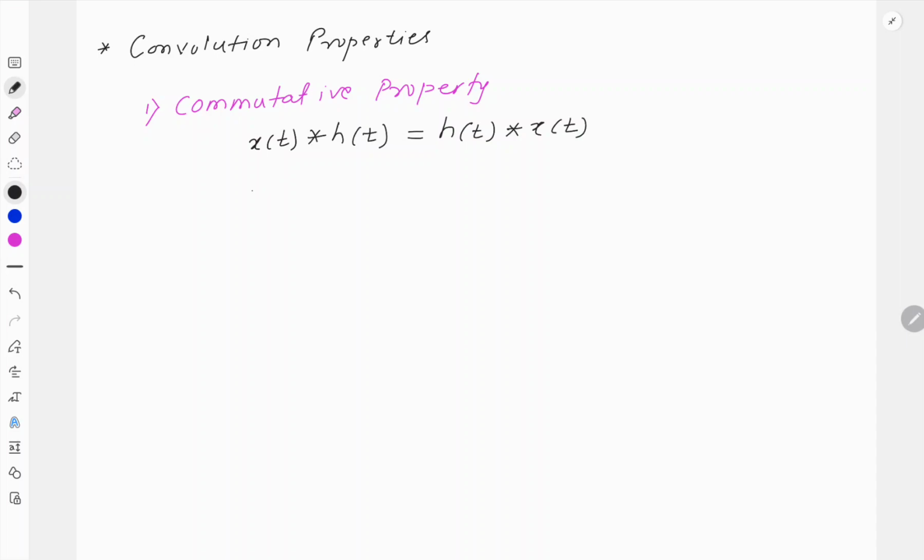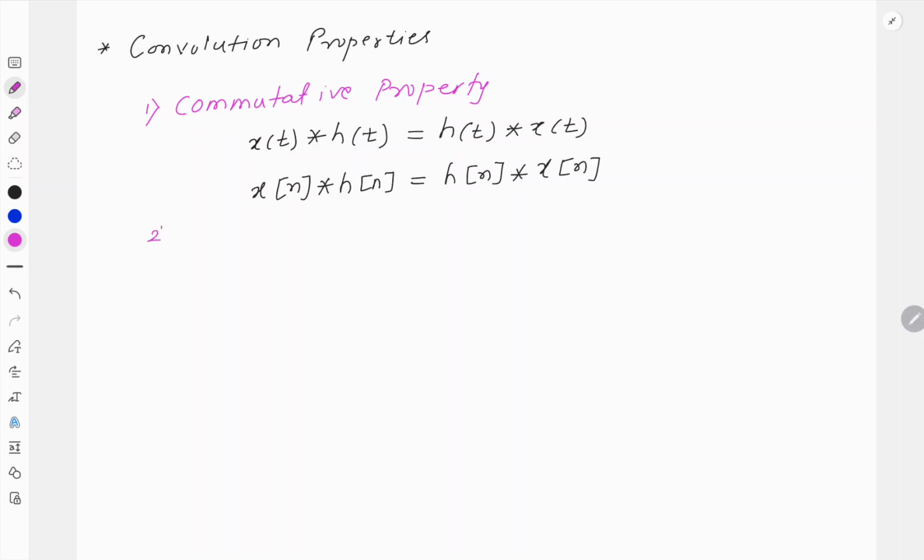Similarly, for the convolution sum, x of n convolving with h of n is equal to h of n convolving with x of n. Here we can interchange the positions of x and h in the equations of convolution.